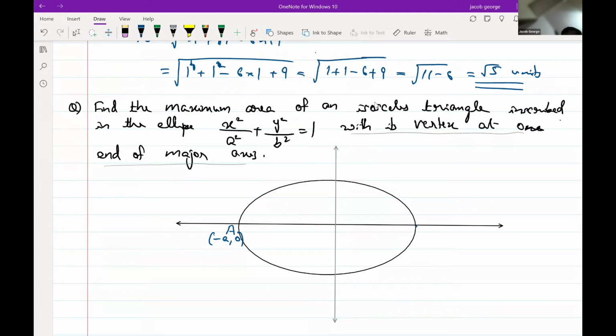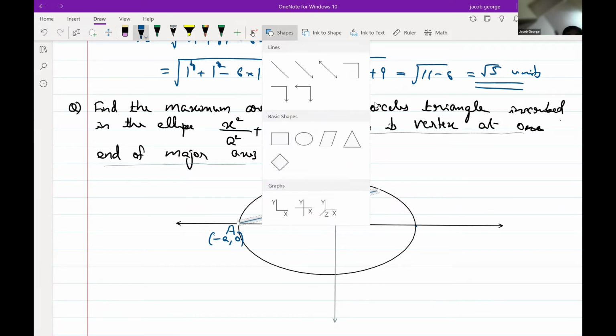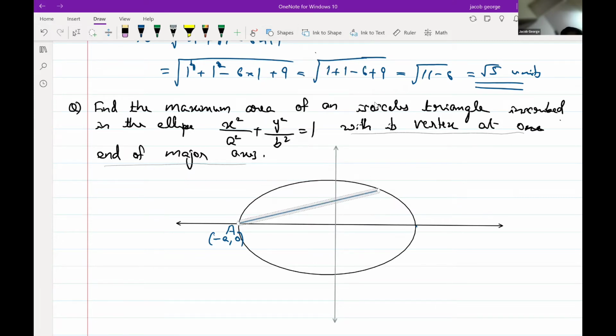Then we will complete the isosceles triangle from A to the ellipse, and from A to the other part. Then we will join these two.